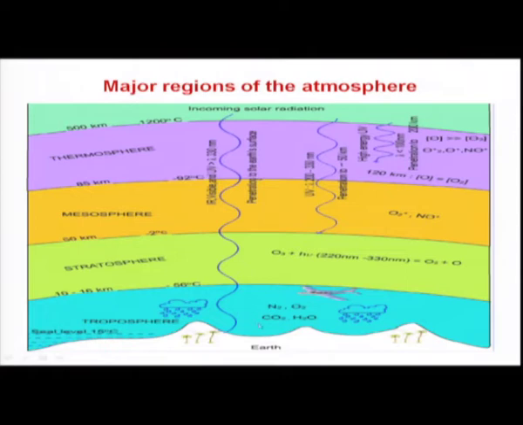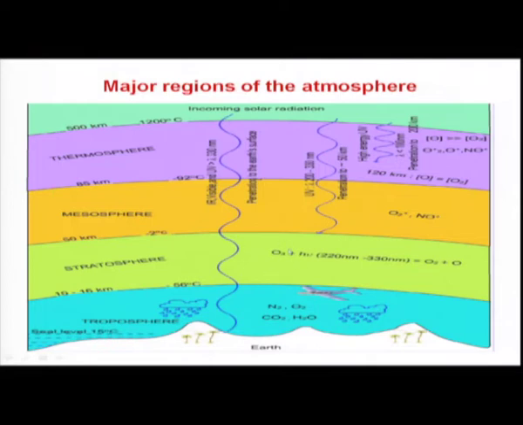At the lower part of the troposphere, as I told you before, the concentration of nitrogen is about 78 percent and oxygen 21 percent, plus other trace gases are present. In the stratosphere, an important chemical species is ozone, and because of the presence of ozone, the stratosphere is also referred to as the ozonosphere.